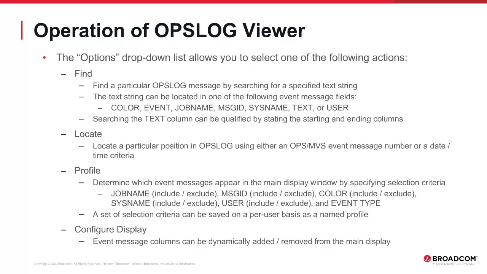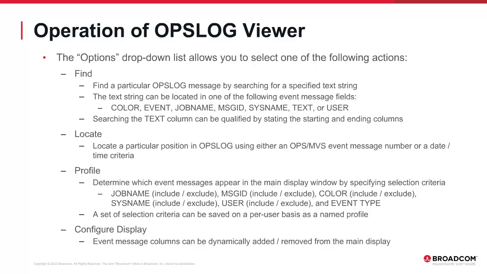A search of the text column can be further qualified by stating the starting and ending columns to search. The Locate option allows you to locate a particular position in OPSLOG using either an event message number assigned by OPS MVS or date-time criteria.